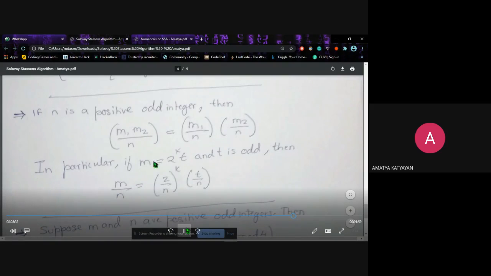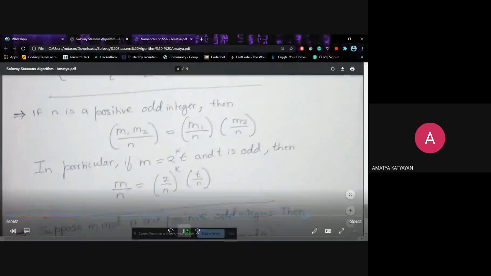In particular, if m is equal to 2 raised to k into t, and t is odd, then m upon n is equal to 2 upon n raised to k, multiplied by t upon n. Basically, you need to remember this part.